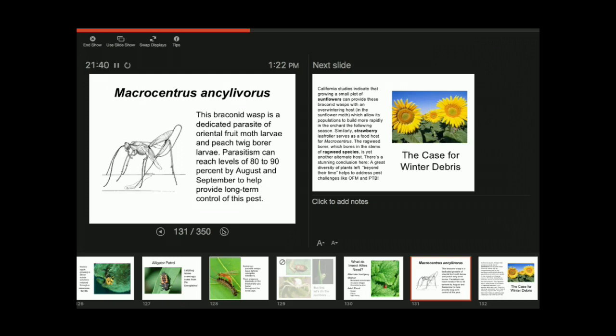The primary internal feeder is codling moth. Codling moth has a cousin called oriental fruit moth. If you're in an area where peaches can grow, you're going to have the two of them. Where I am, peaches don't overwinter very well, and I have a cousin called the lesser appleworm. But right now I'm focusing on oriental fruit moth.